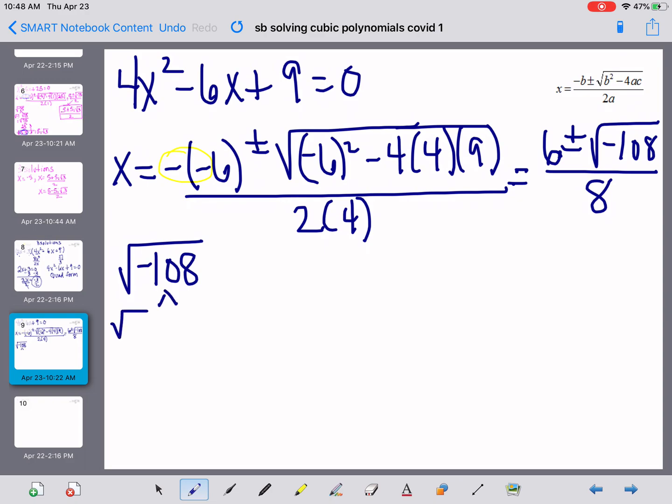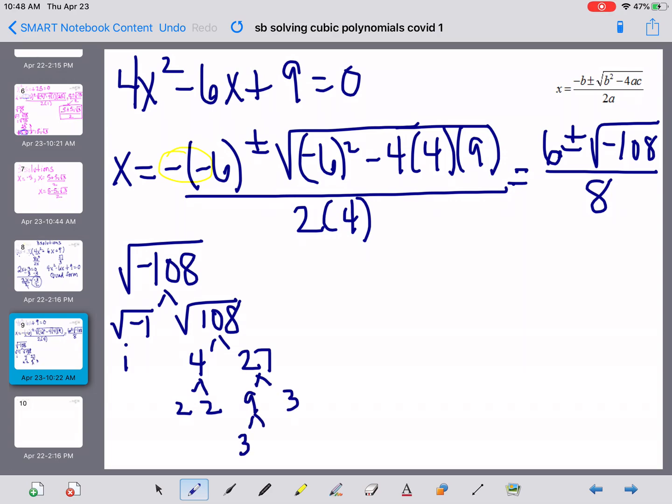And like the previous problems, we're going to have the square root of negative 1, and then the square root of 108. The square root of negative 1 is i, and 108, I did 4 times 27. Those are not your only choices, but 4 is 2 times 2, and 27 is 9 times 3, which is 3 times 3.